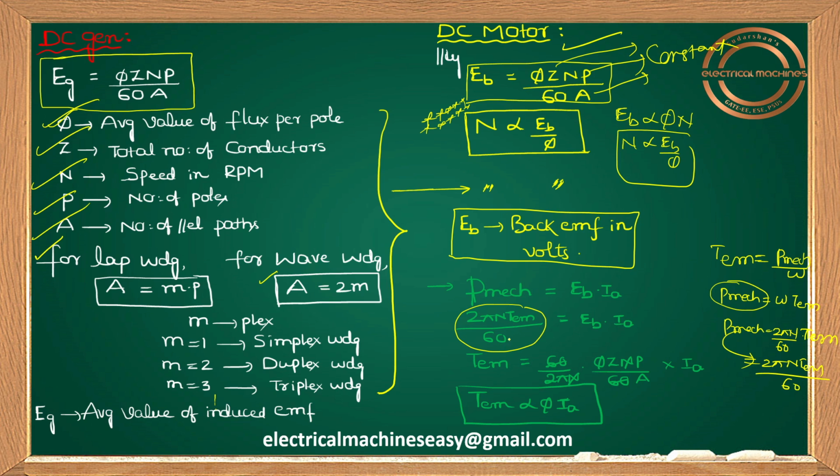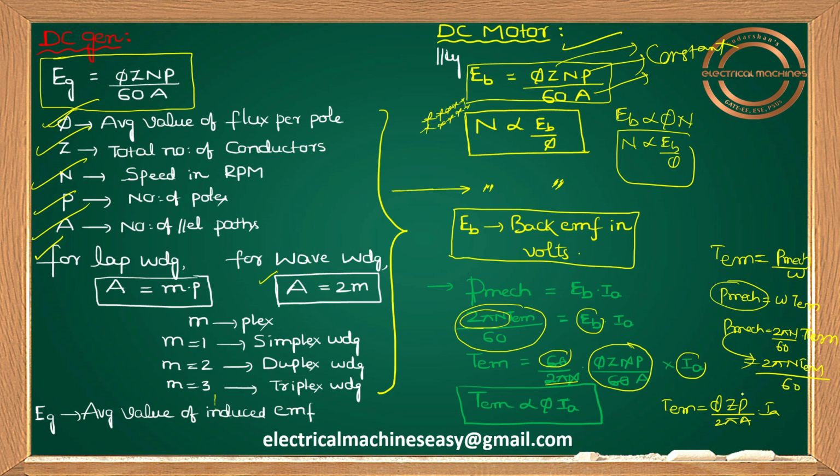From this, the electromagnetic torque equals Eb into Ia divided by 2 pi N by 60. Eb is phi Z N P by 60A, into Ia. The 60 and N cancel, so ultimately you get phi Z P by 2 pi A into Ia.